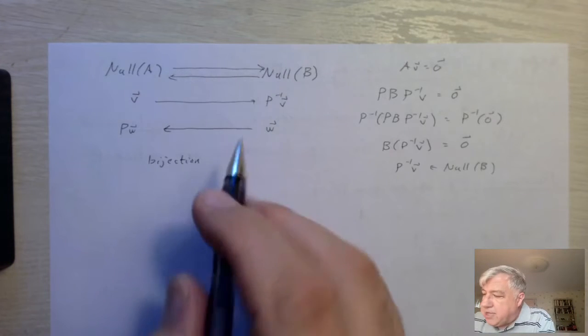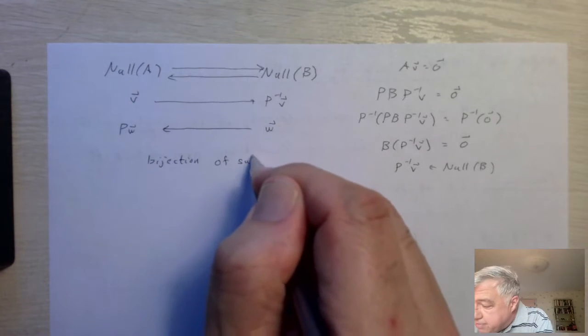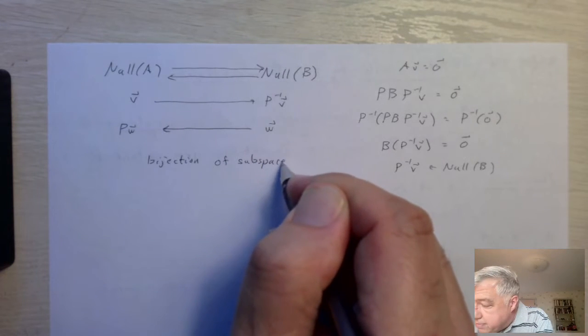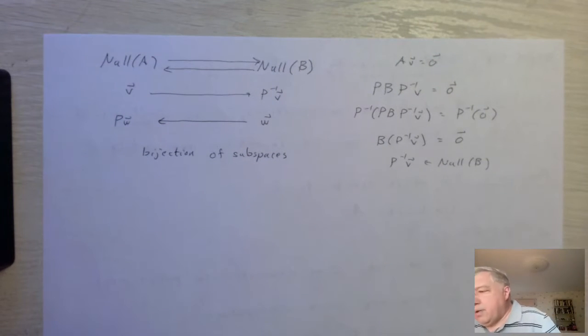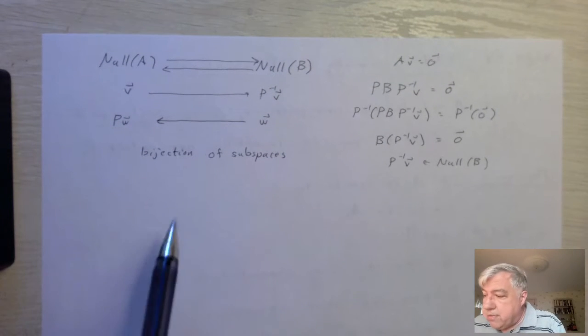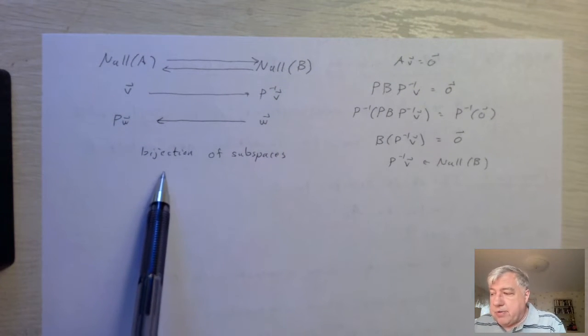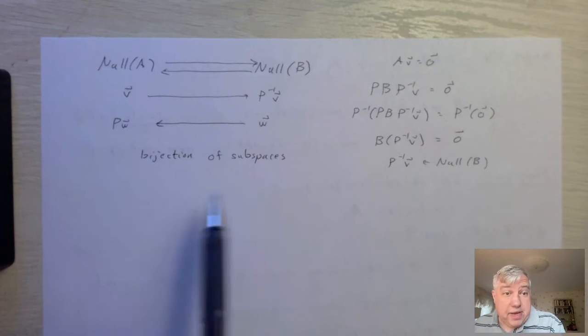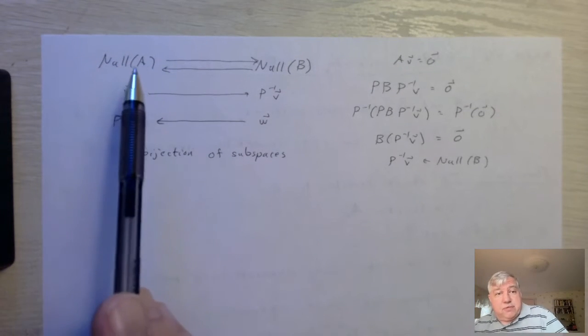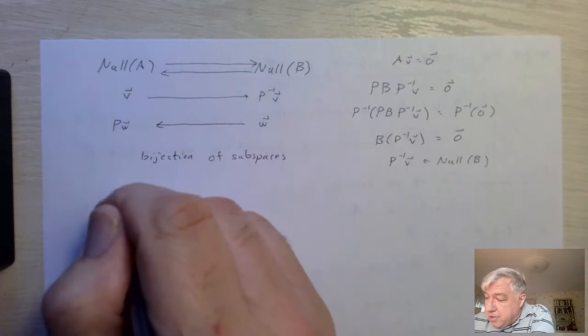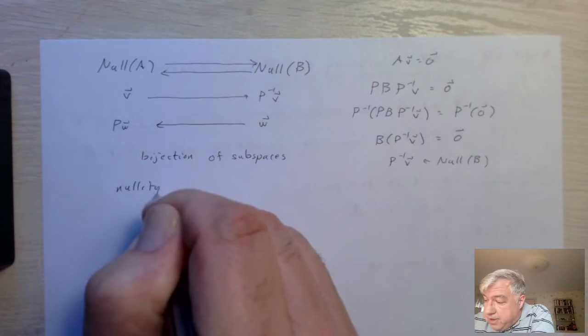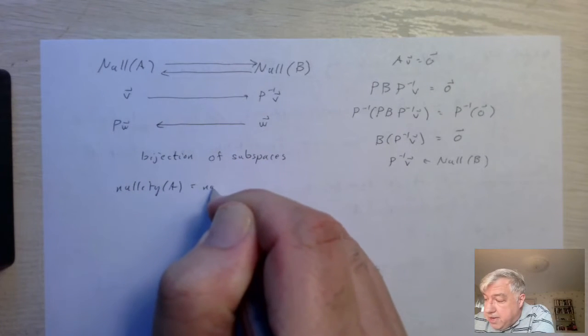And it's actually a bijection of subspaces. And when you have a bijection of subspaces, they have to have the same dimension. So the nullity of A is equal to the nullity of B.